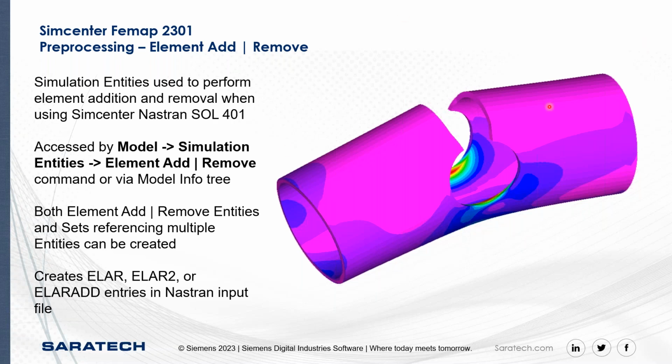Let's walk through an example of how this would be used. Say we've got this tube with a hole through it, and you can see there's a stress concentration here. Maybe we've applied some sort of moment on either end, or we're pulling down on this tube, and we would expect a stress concentration to develop up here. This would be the after state.